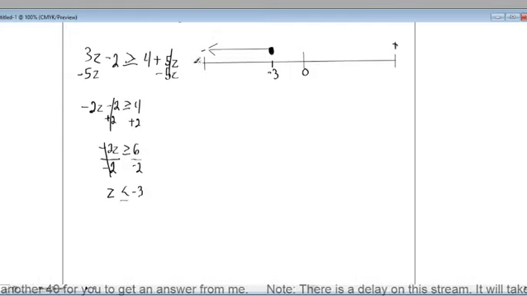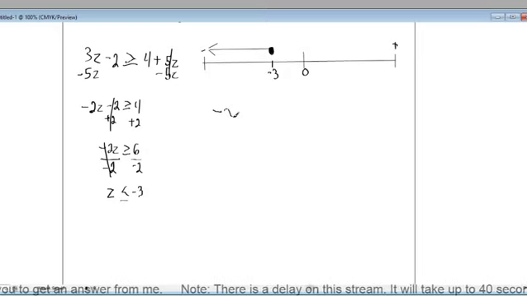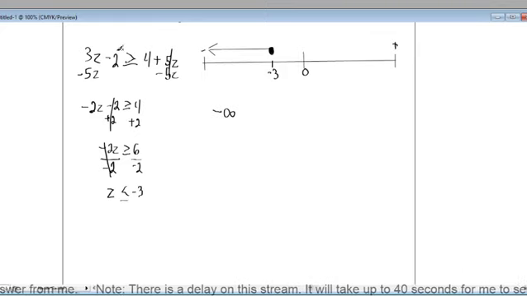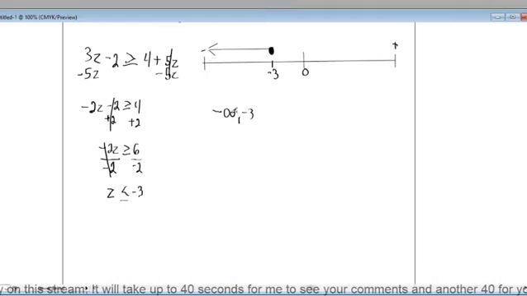And that's starting at negative infinity. And then it goes from negative infinity all the way over here to the right, and then stops at negative 3. So our start point is negative infinity, our end point is negative 3.